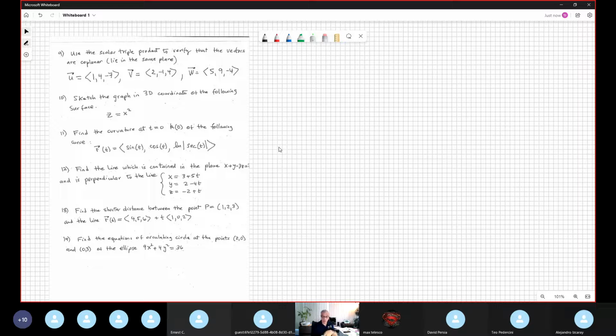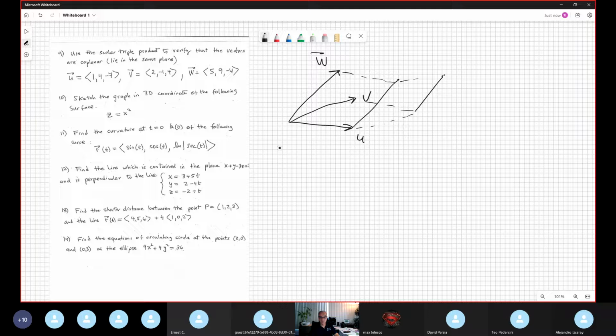you know very well that the scalar triple product represents the volume of a hypothetical box. So you have three vectors, U, V, and W, in 3D, of course. And these form one parallelepiped, representing the box here.